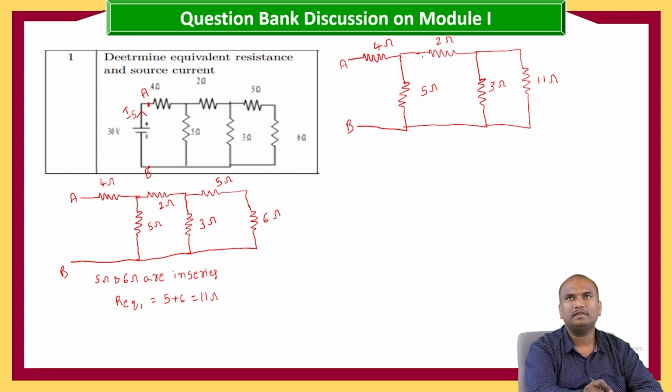Now if you see, the 11 ohms and 3 ohms are in parallel, and 2 ohms is in series with that parallel combination.